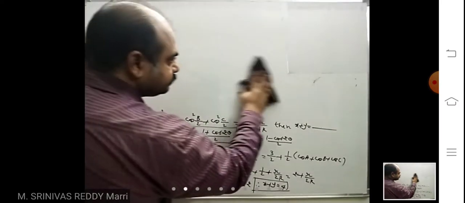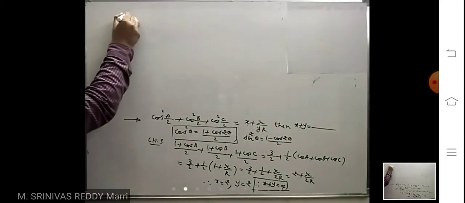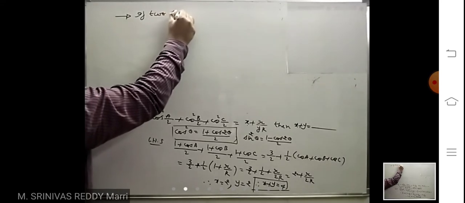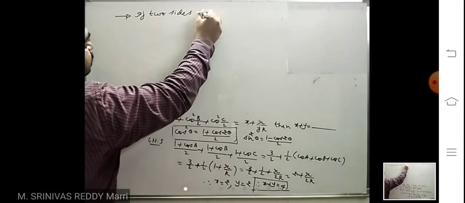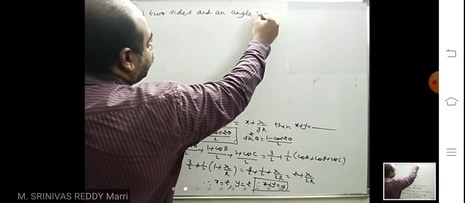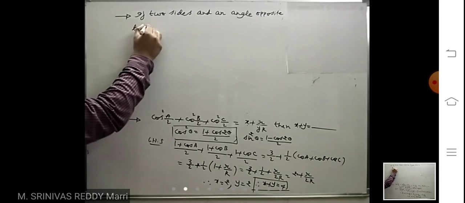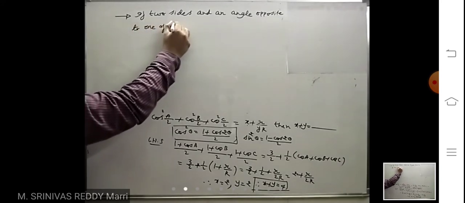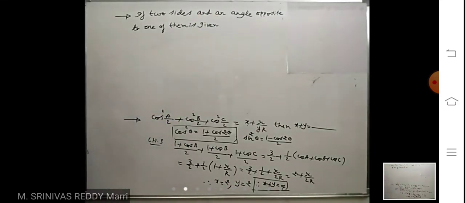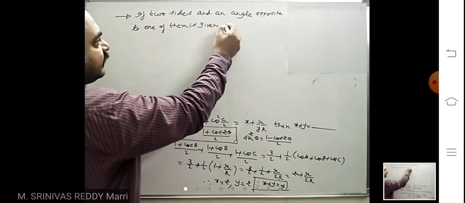Look at the next model. If two sides and an angle opposite to one of them are given, two sides will be given to you and one angle opposite to one of them will be given.